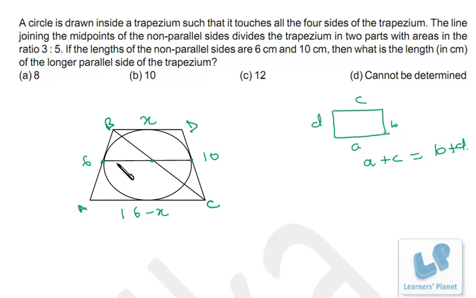According to the midpoint theorem, this length will be half of this length. This length, I suppose it is P, so this will be half of this length. Similarly, this length is x and this length will be half of this length. Getting my point?